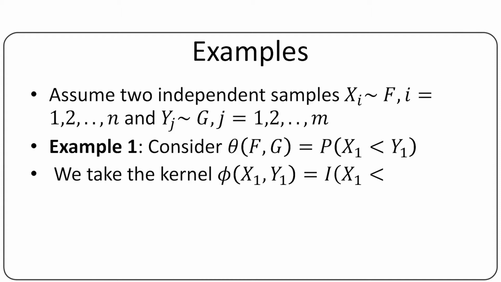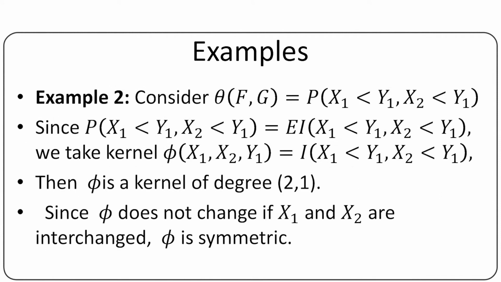Define phi_cd with X1 up to Xc, and Y1 up to Yd, as the conditional expectation of phi given Xi for i from 1 to c and Yj for j equal to 1 up to d. Also define the covariance between phi with arguments X1, ..., Xc, ..., Xa and Y1, ..., Yd, Yd+1, ..., Yb, and phi with arguments X1, ..., Xc, X'c+1, ..., and Y1, ..., Yd, Y'd+1, ..., where the primed variables are IID as G.